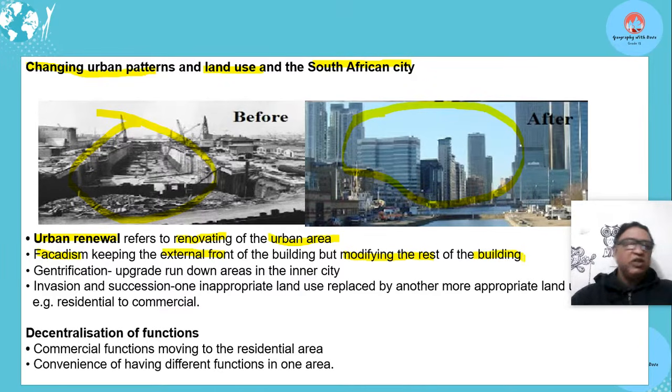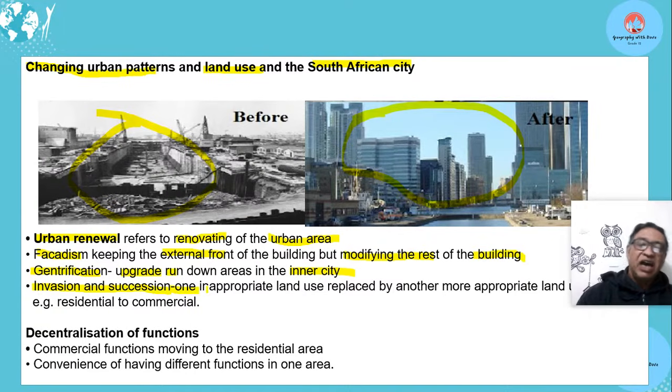And when you go in, you find it's all modern, lovely air conditioning, whatever. Then gentrification, all right, is upgrading the rundown areas of the inner city, upgrading them to make them look like this.